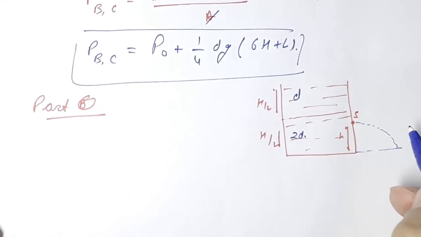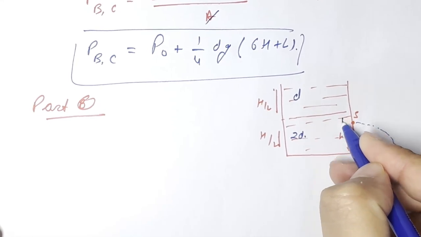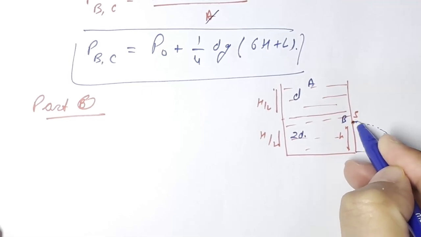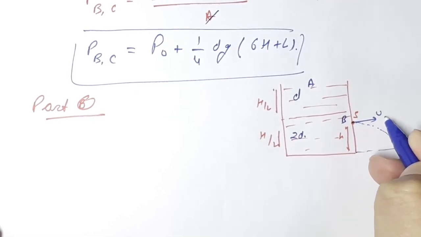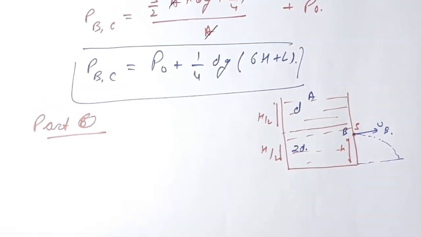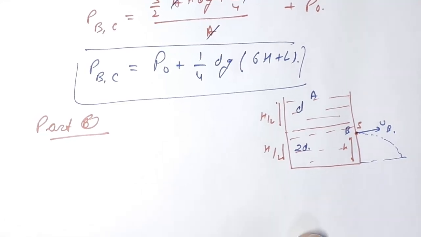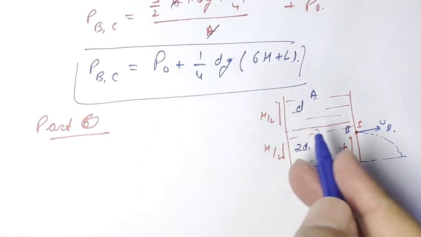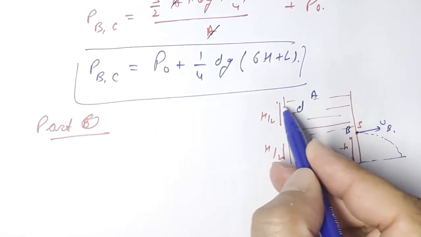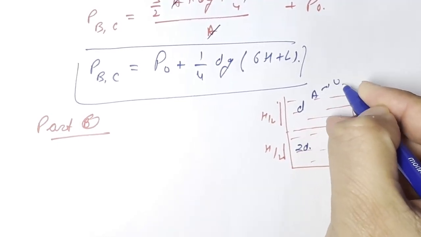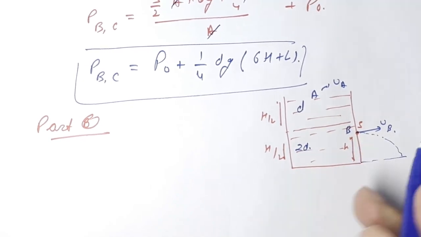So in this case, let us call this point B, and let us call this point A, and let us suppose this velocity is our VB. Let's define these terms. The velocity of the liquid at A is VA, and at B it is VB.